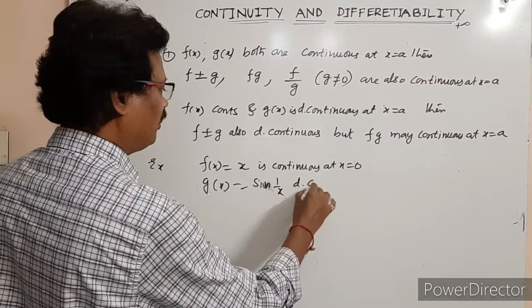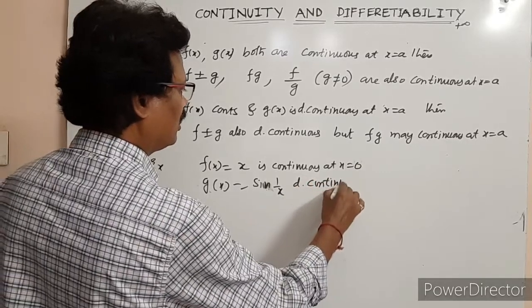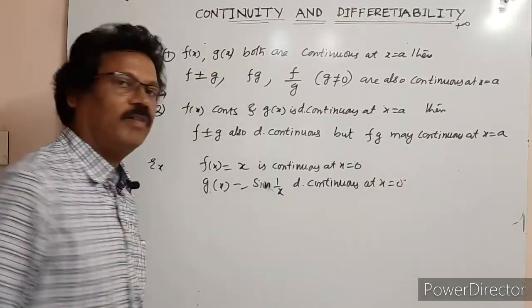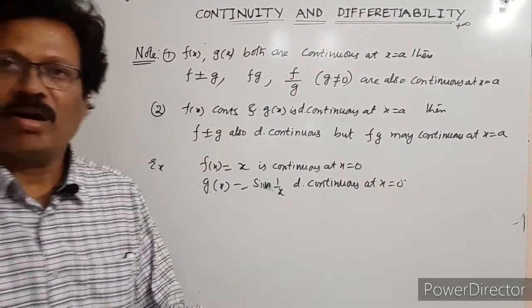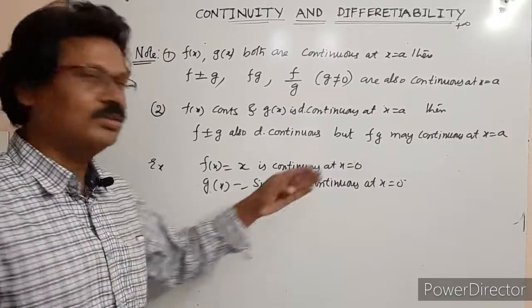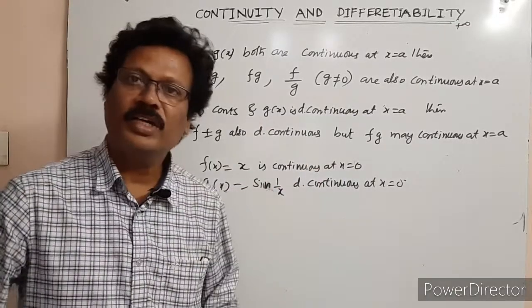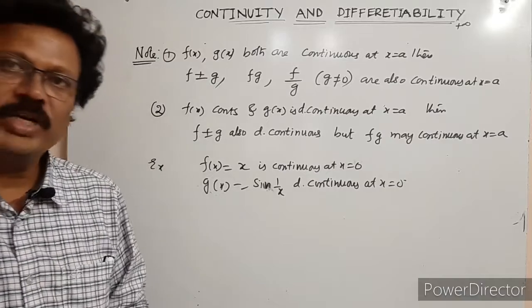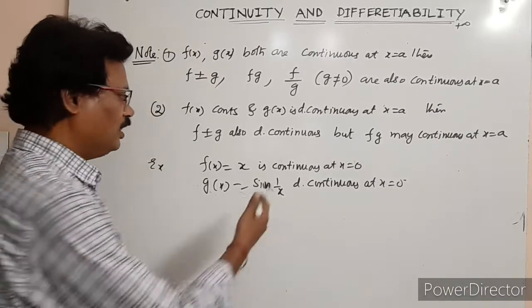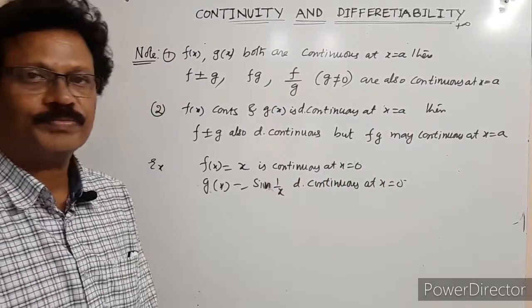This is discontinuous at x equal to 0. Why? Because sine 1 by x oscillates between minus 1 and plus 1. The limit as x tends to 0 of sine infinity is undefined. Though it is a finite number, it is undefined. That's why it is discontinuous at x equal to 0.